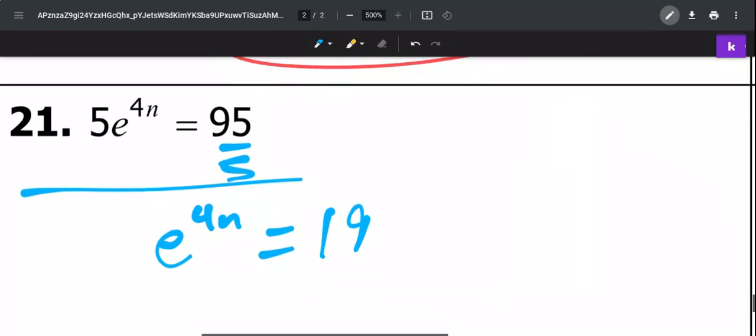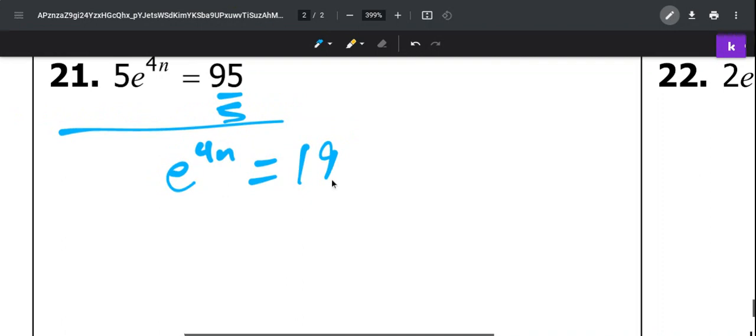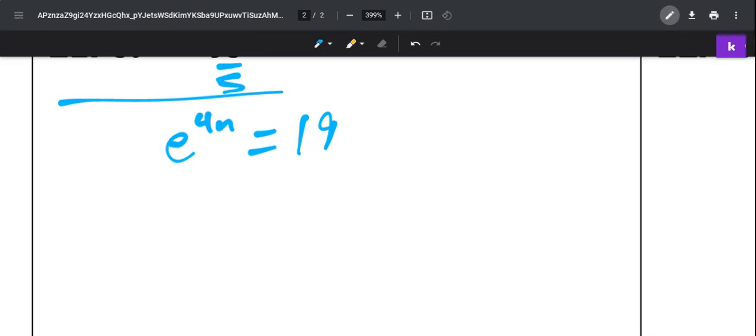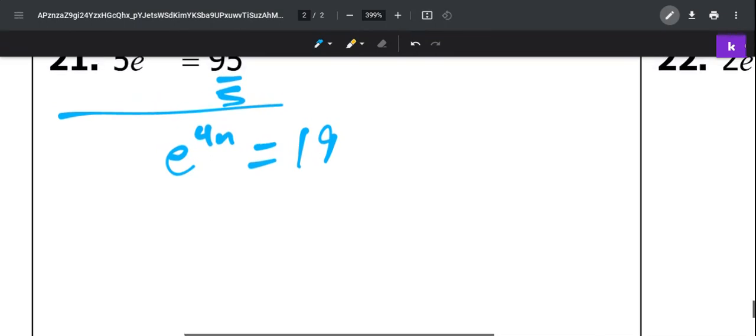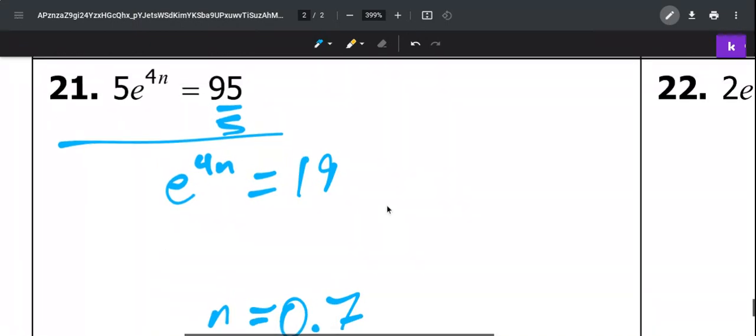Yeah. All right. Now, the rest of this, we can just finish. So we should end up with this. Let me just double check to make sure. But see if you can do this one. Let's see. ln of that. And we take that. We should end up with 0.7 for n on that one.